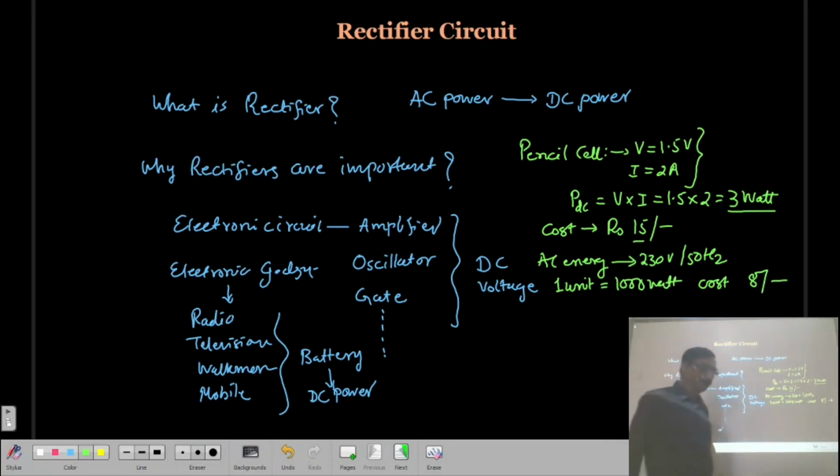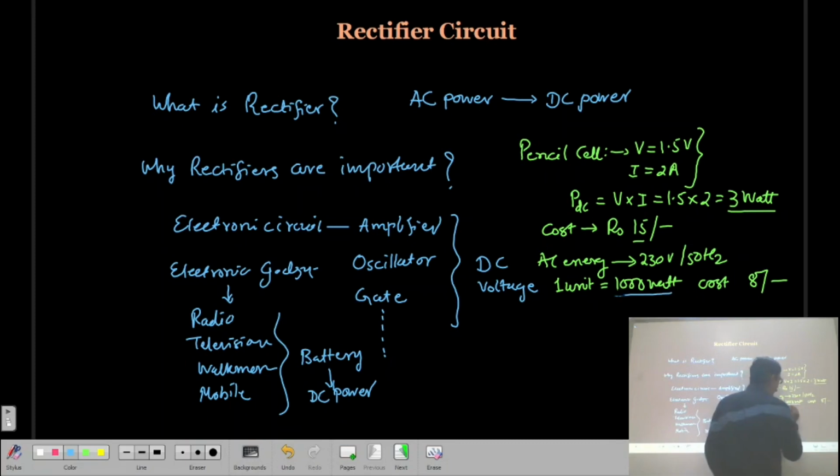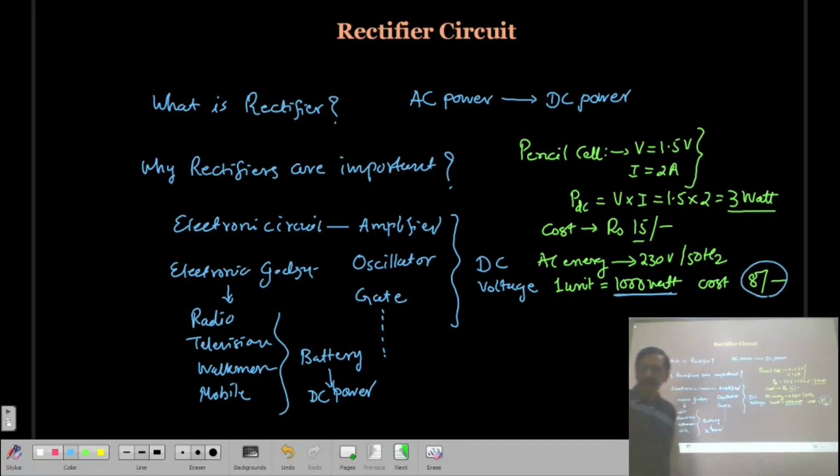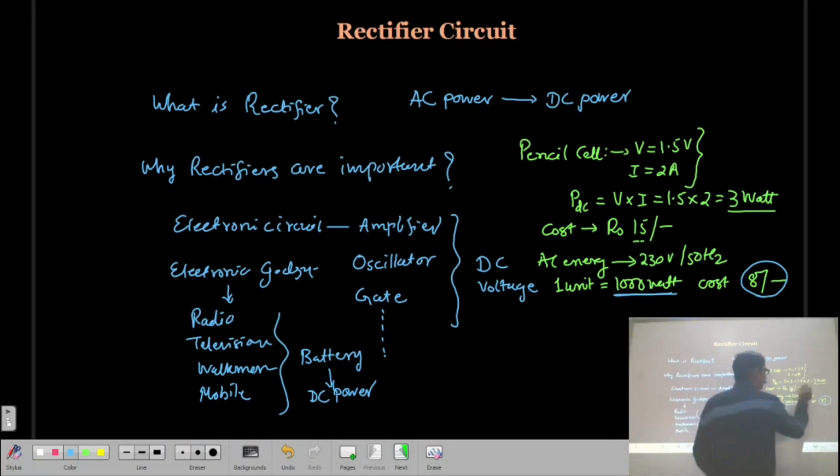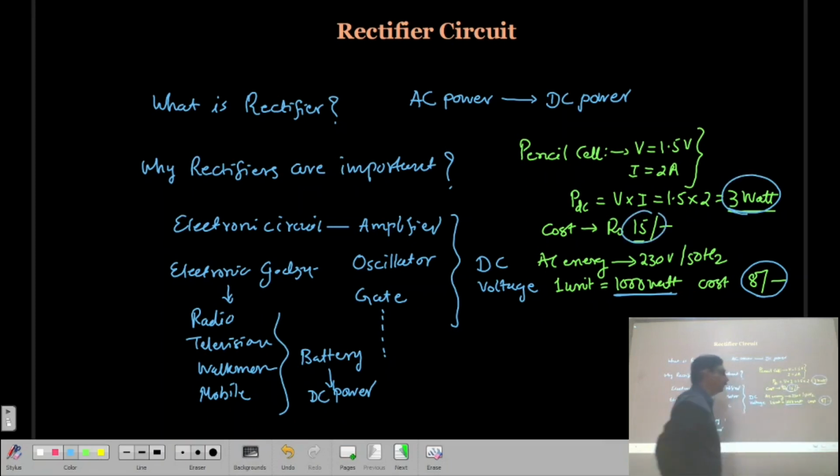So what does it mean? You are purchasing 1000 watt at the cost of 8 rupees. Here you are purchasing 3 watt of DC energy at the cost of 15 rupees.